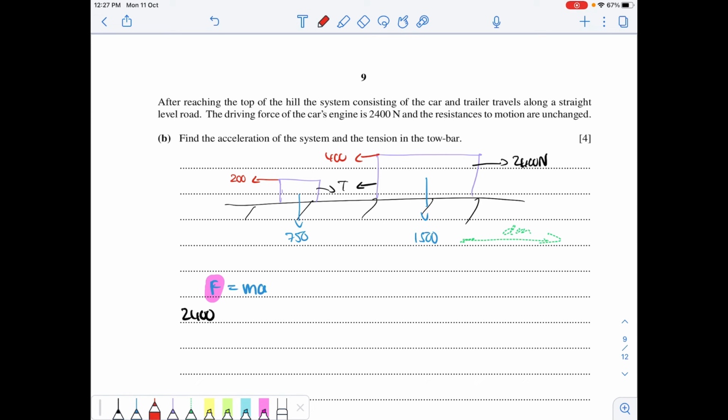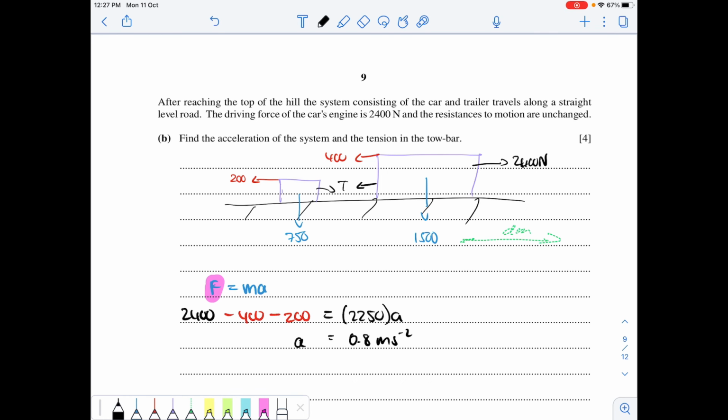And then we have minus 400 resistance on the car, minus 200 on the trailer. And we can use T in there, but they're just going to cancel each other out, so we won't add them. Here we're considering the whole system, so we have to combine the mass again. And a. So we can very quickly just solve for a: 2,400 minus 400 minus 200, and divide that by 2250, and we're going to get 0.8 meters per second squared.